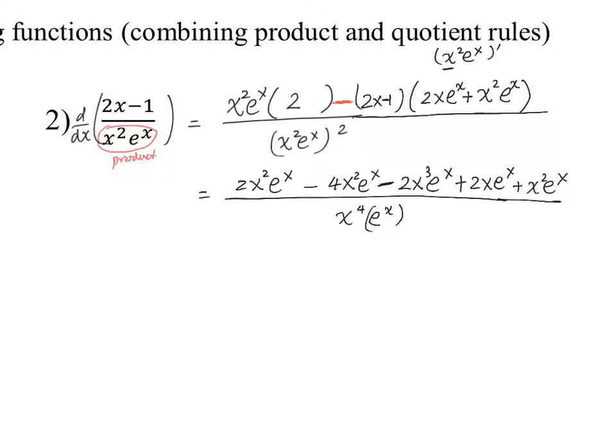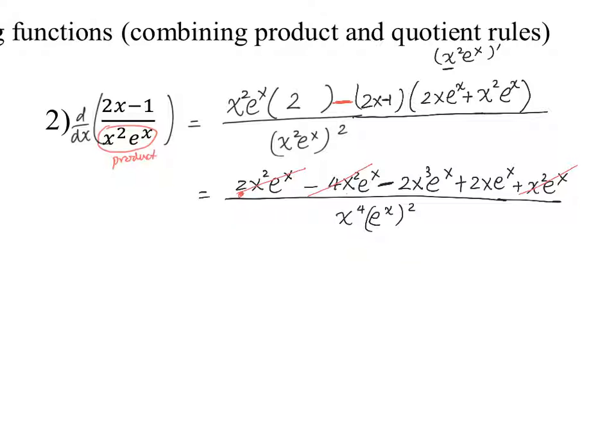E to the x squared. So let's see what terms we can cancel. This and this are like terms, and also this is a like term. They are all x squared e to the x. So let's combine the coefficients.